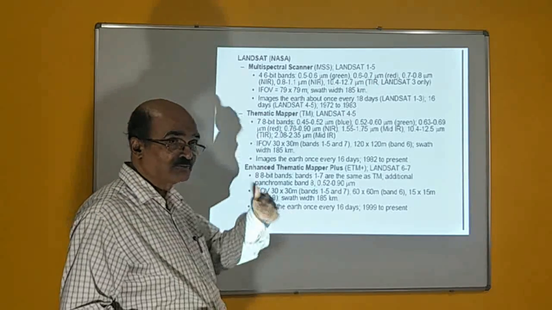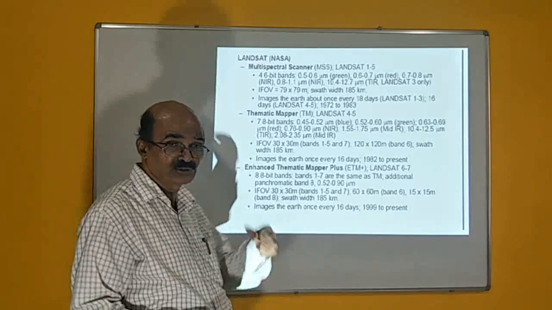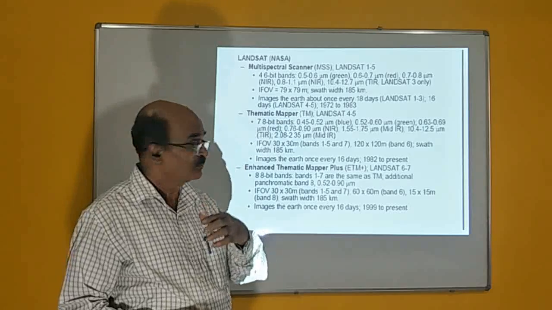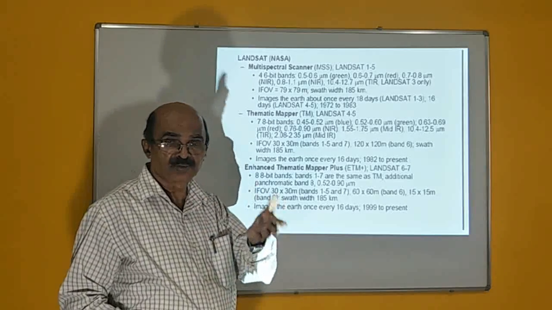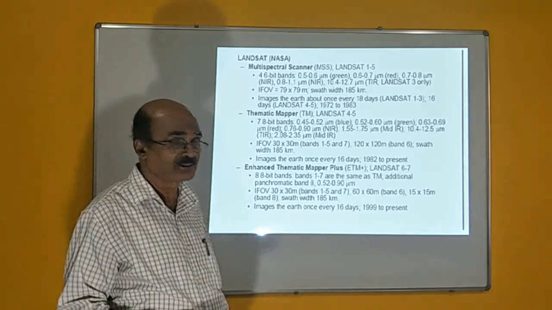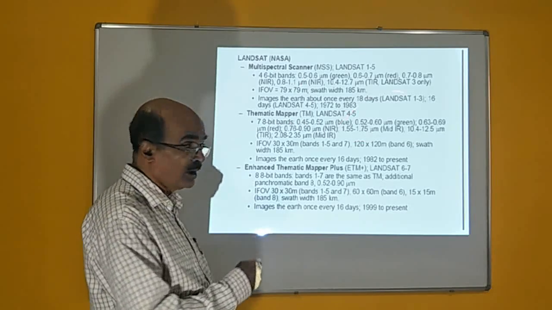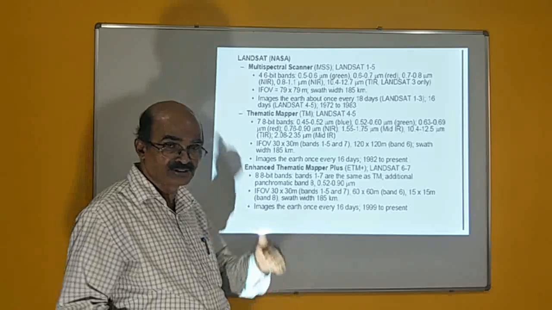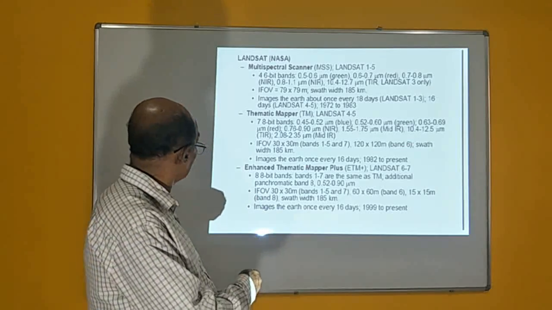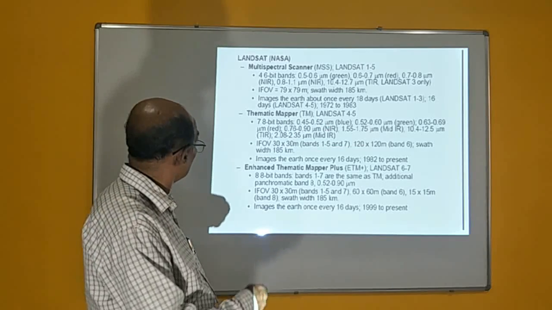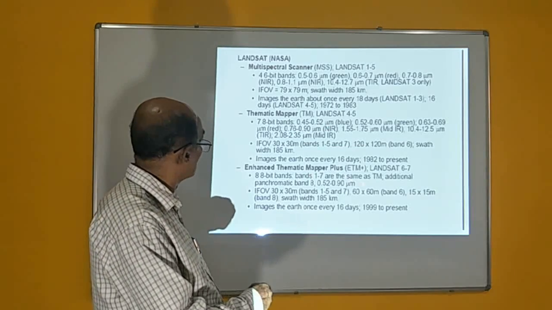See, from Landsat 4 onwards, they introduced an advanced sensor called thematic mapper. Of course, Landsat 1, 2, 3 were having RBV, Return Beam Vidicon, and multispectral scanner. Whereas from Landsat 4 onwards, they removed RBV and retained the multispectral scanner. Then they added one more advanced sensor called thematic mapper, which used to collect the data in 7 different spectral bands.